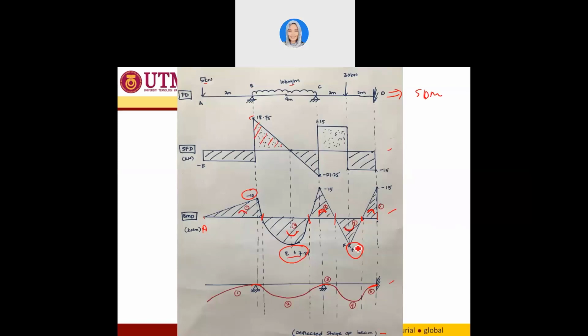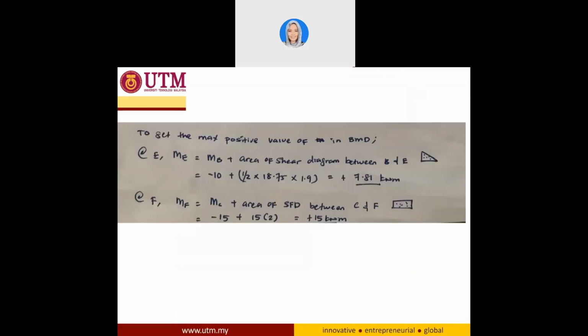Similarly for this one, you have the 15, so the moment at C plus the area of your shear force diagram between these two points. Then you have your F equal to positive 15. Similarly with this one, I have already measured.